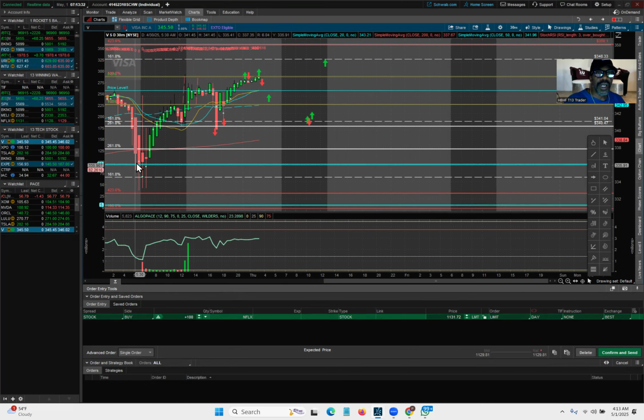Okay, it has to come up and break yesterday's high, which is 346. So if it continues to create a higher high off of this high, then it's going up.